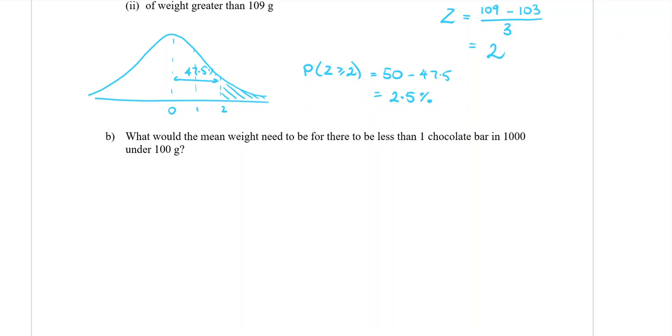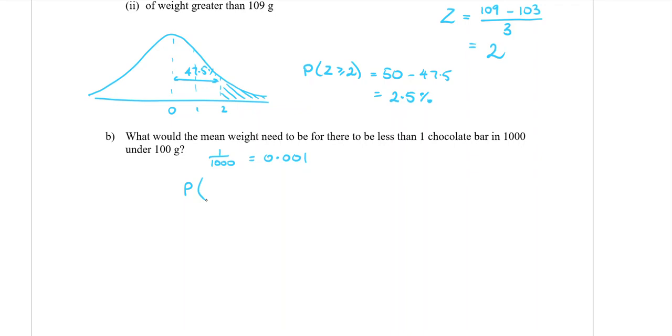Okay, so this 1 in 1,000 chocolate bars is 0.001 as a decimal that are going to be underweight. This is a backwards question because I don't know what that is as an X value.